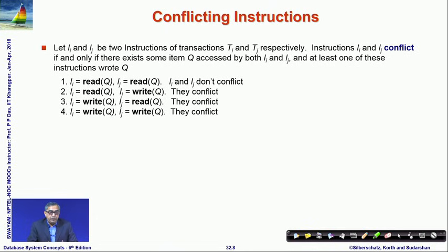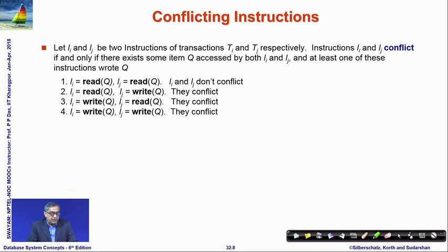So, these two instructions from two transactions are trying to manipulate the same data item, and at least one of them is trying to write. If that happens, then we say that Ii and Ij, these two instructions, are conflicting.